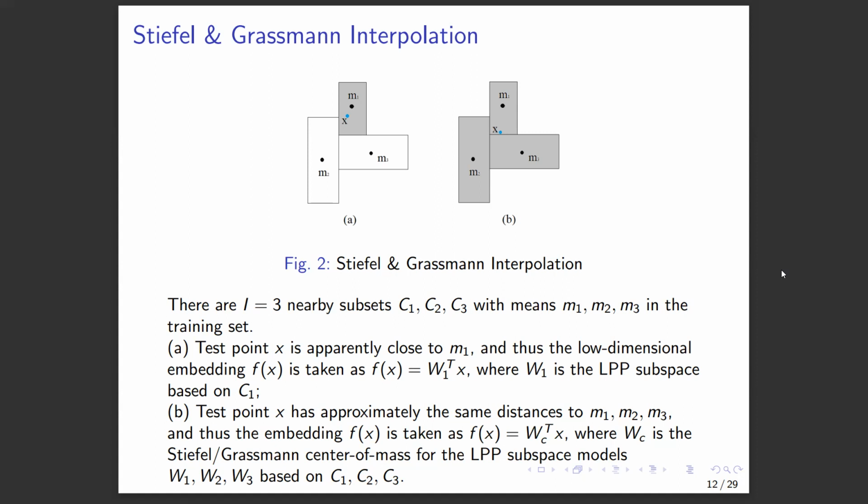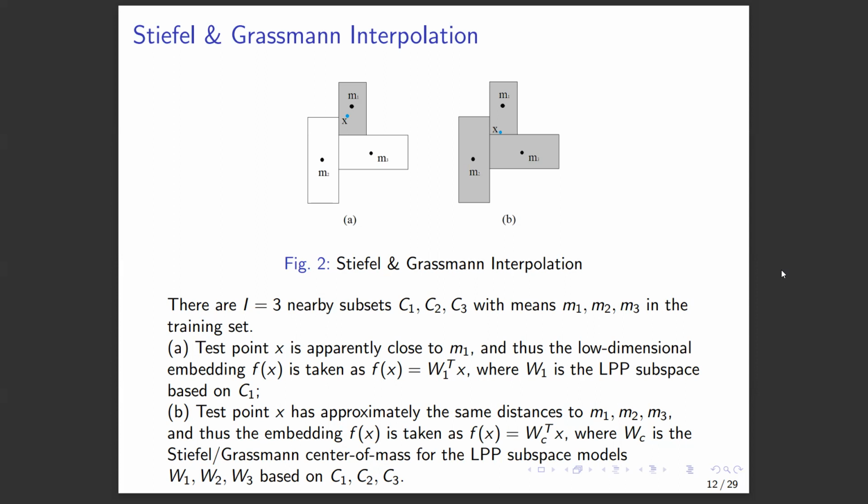In the first scenario, our data point X is apparently close to M1, and thus the low-dimensional embedding of X is taken as W1 transpose X, where W1 is the LPP subspace based on C1.